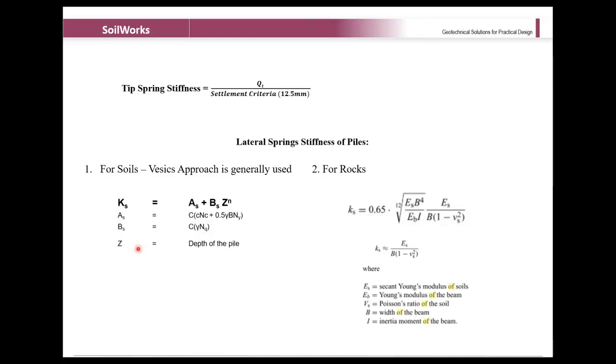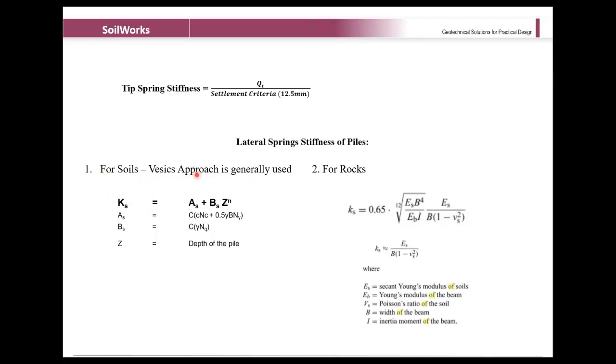Let's say from the second meter from the surface of the ground we got different soil. For that particular soil we calculate AS and BS again, and that will be multiplied by your depth, so that you'll be having your lateral spring stiffness for your pile, and that is in terms of soil. So for soils we use the basics approach.